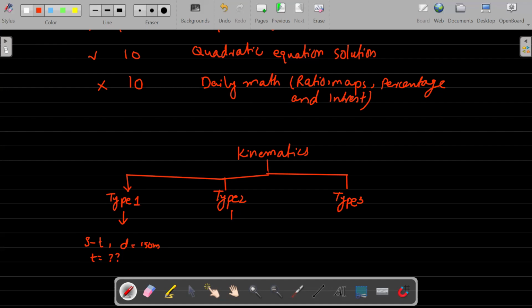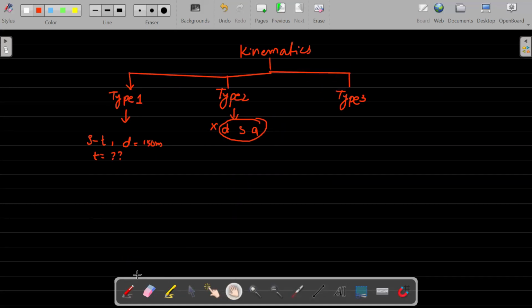And there was a type 2 question in which the DSA rule flopped. DSA was not working. Because in type 1, DSA was working successfully, and we solved many questions by using DSA. Here, in type 2, DSA flopped. Why?